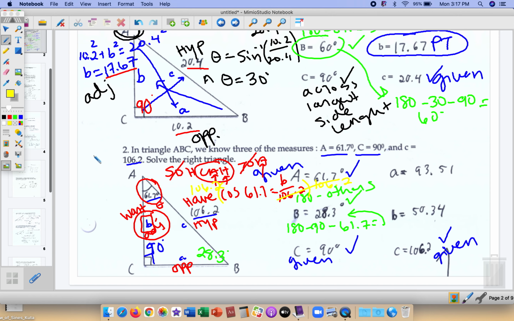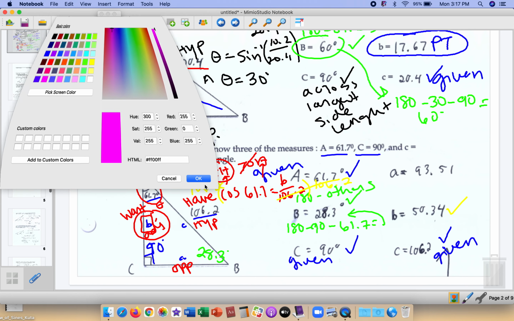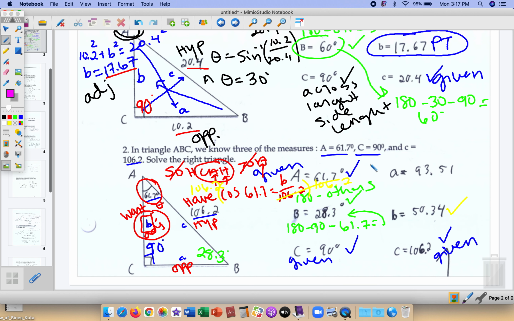Cancels. So the cosine of 61.7 degrees times 106.2 is going to get us 50.34. And then to find our last side, to find A, now that we have two sides, we can use Pythagorean theorem. That's just one way of doing it.